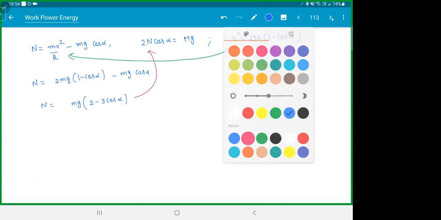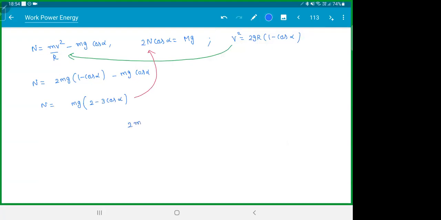Take this and put it in this. 2mg(2 minus 3 cos alpha) cos alpha is capital Mg. g cancels. We end up with 4m cos alpha minus 6m cos square alpha is equal to capital M. So 6m cos square alpha minus 4m cos alpha plus M is equal to 0.